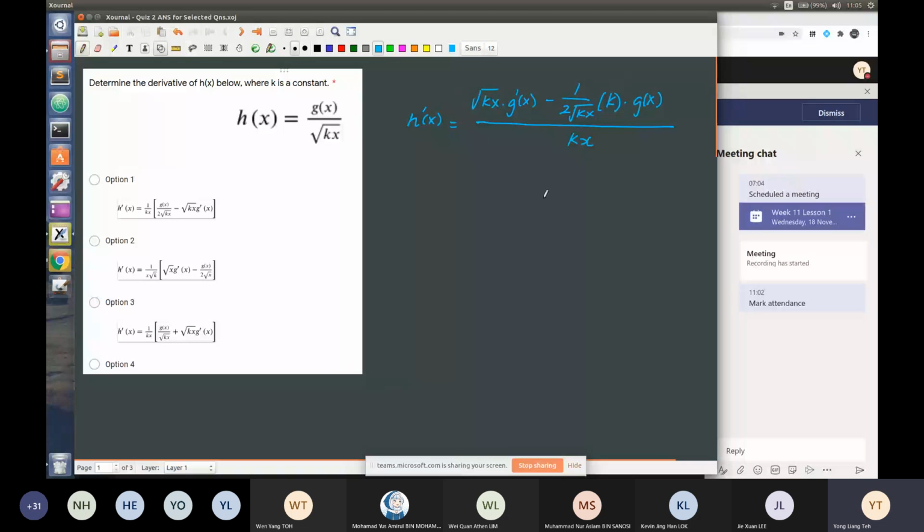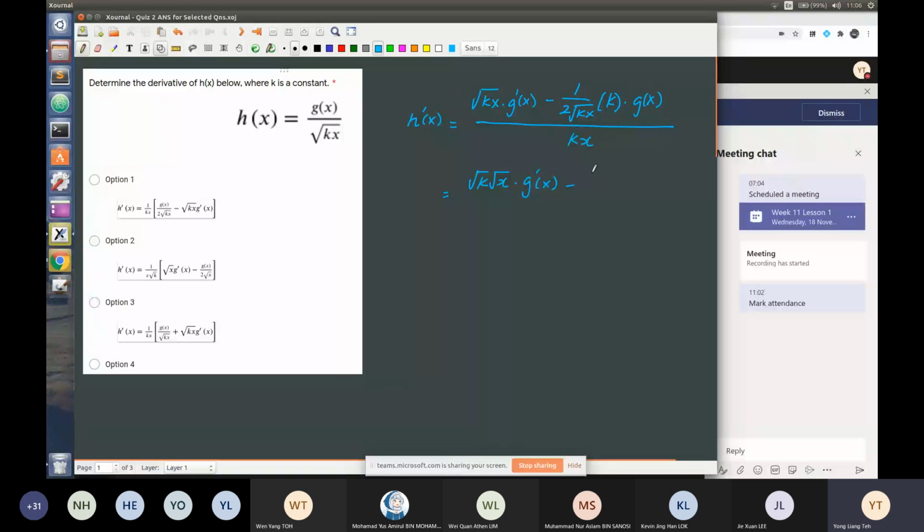Subsequently, once you get this expression, you just need to factorize out square root k and you get the answer. Obviously you can see that this is just square root k times square root x times g prime minus this guy. You can see there's a k here divided by square root k here.